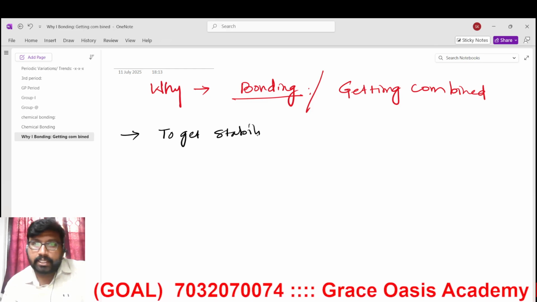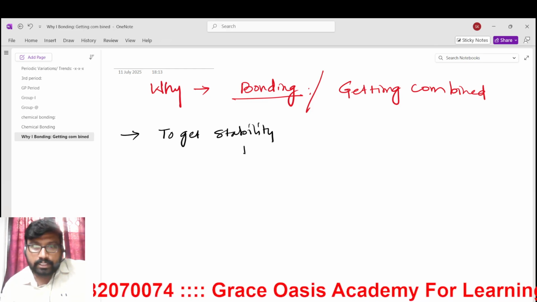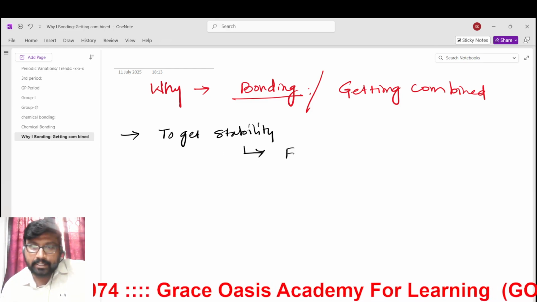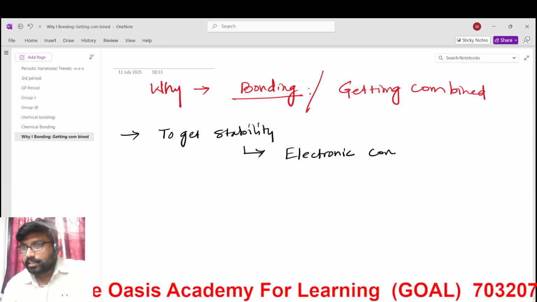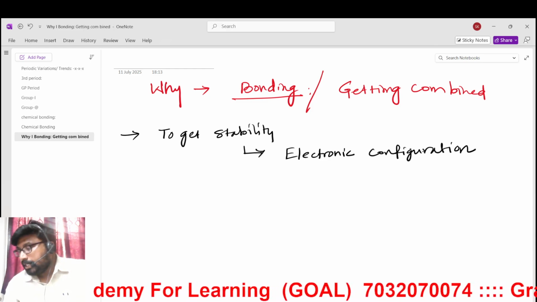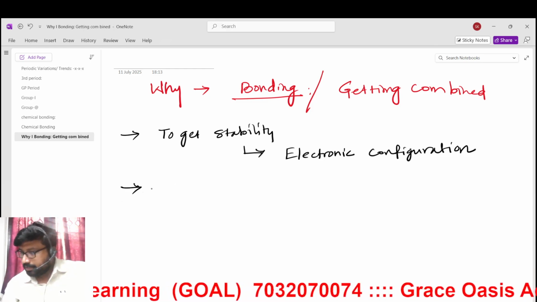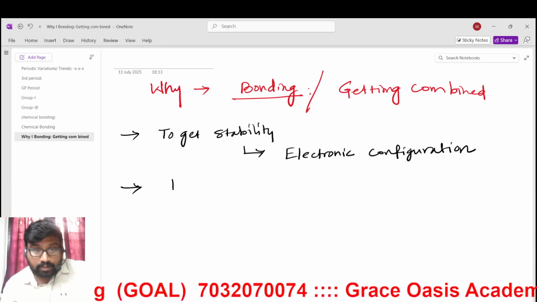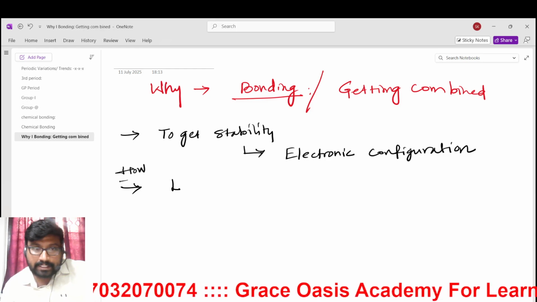That is the major reason. How can this stability be attained? Through electronic configuration. It largely depends upon the electrons in the outer shell. That is how they will attain stability.